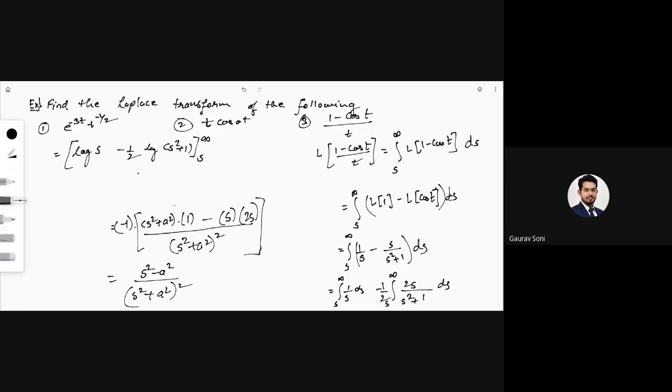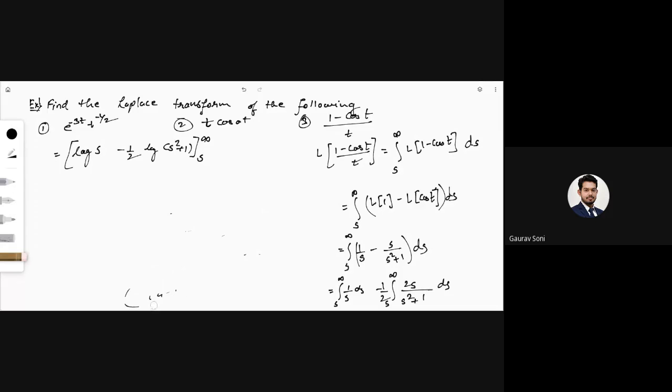Now if you put the upper limit, you won't get an answer. At infinity, log of infinity will become infinity. So in order to make that integration valid, we adjust the terms in such a way that at infinity I should get an answer. So what we will do here is log a minus log b.